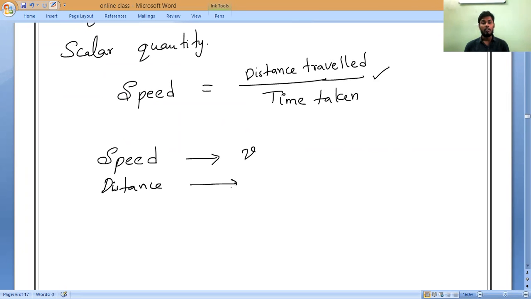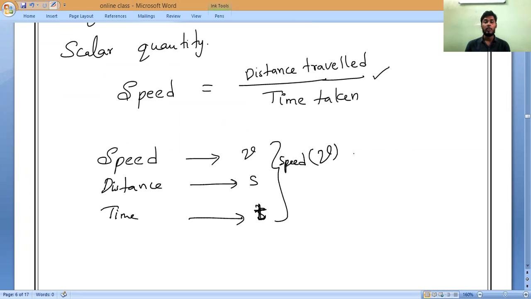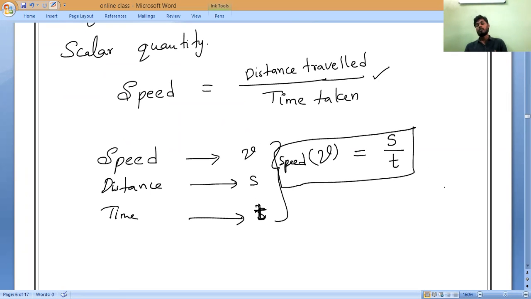And the time symbol is T. Now write it in the form of a mathematical equation. Speed is equal to distance by time. Kindly note it down: speed is equal to distance by time.